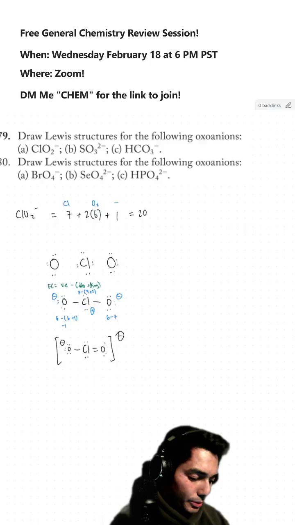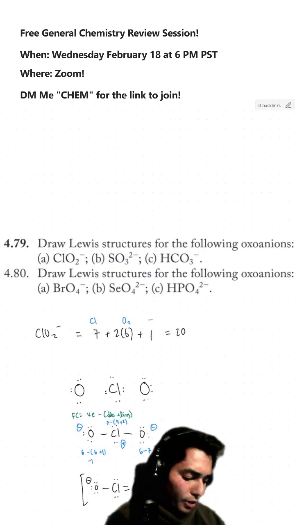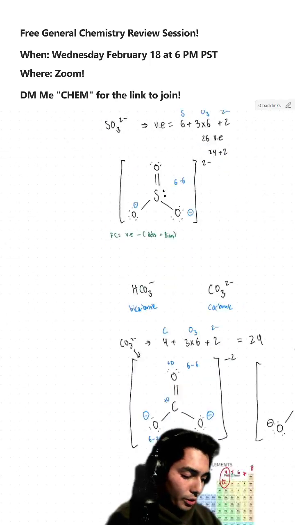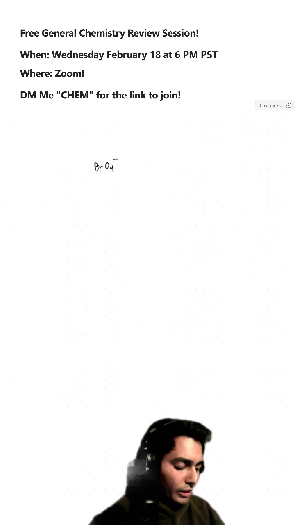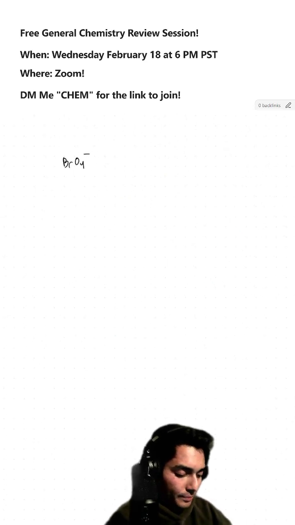We're crunching through these. Next one is gonna be the oxyanions, BrO4 minus. Ton of these ones. So same idea here, chat. How many valence electrons?